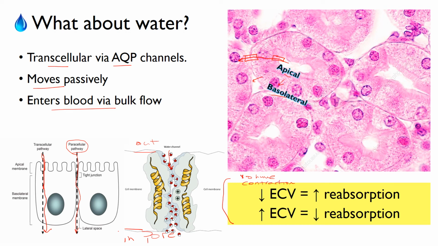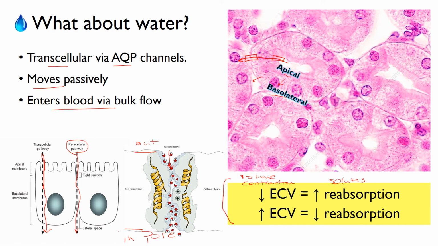When we are in a volume contraction state, that might be we're dehydrated, we have low effective circulating volume for one reason or another, there tends to be an increased reabsorption of a lot of these solutes. And that is solutes being reabsorbed more readily because we're in a volume contracted state.